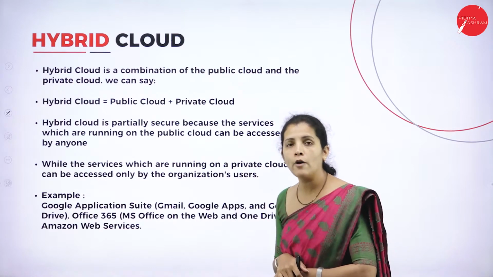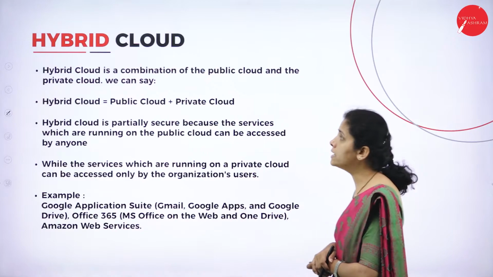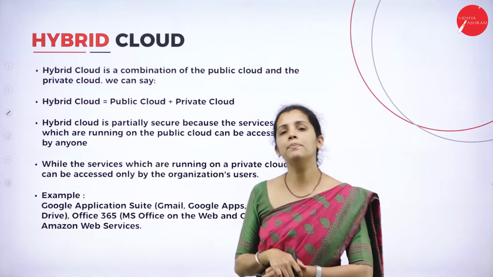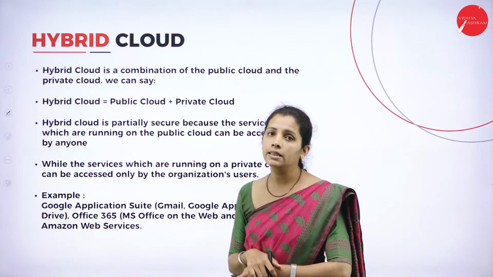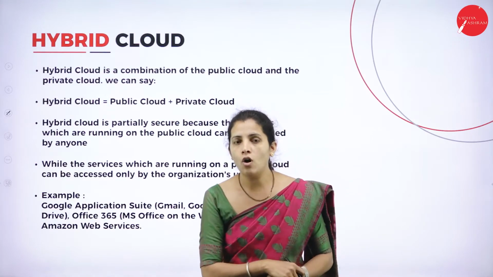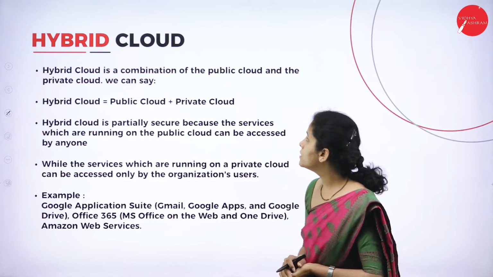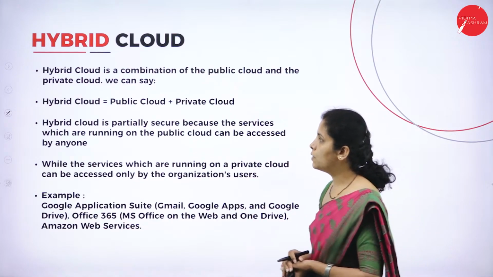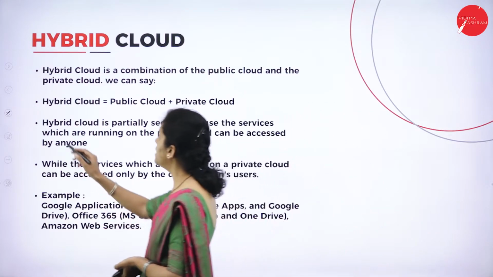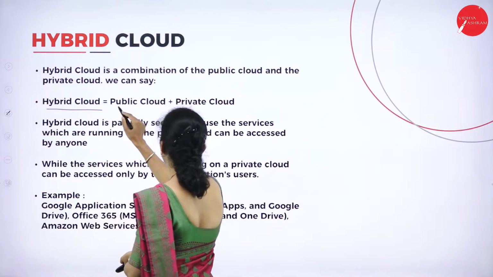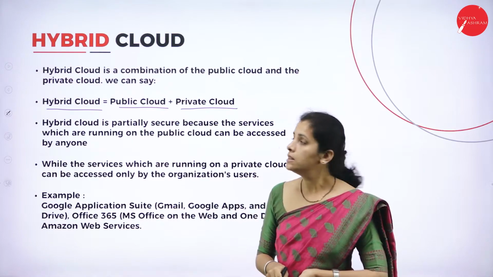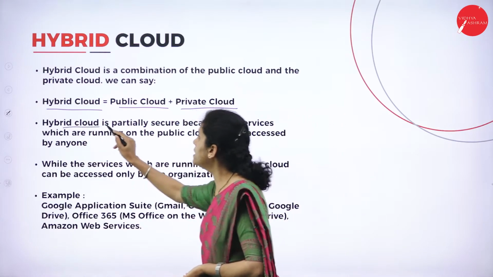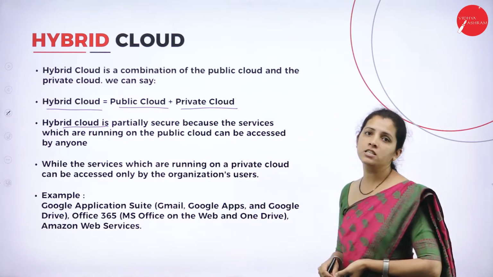Now I'm going to have my third type, hybrid cloud. What is this hybrid cloud? The name itself indicates that it's nothing but the combination of private cloud as well as public cloud. So here, hybrid cloud equals public cloud plus private cloud. Now, the hybrid cloud is partially secure.